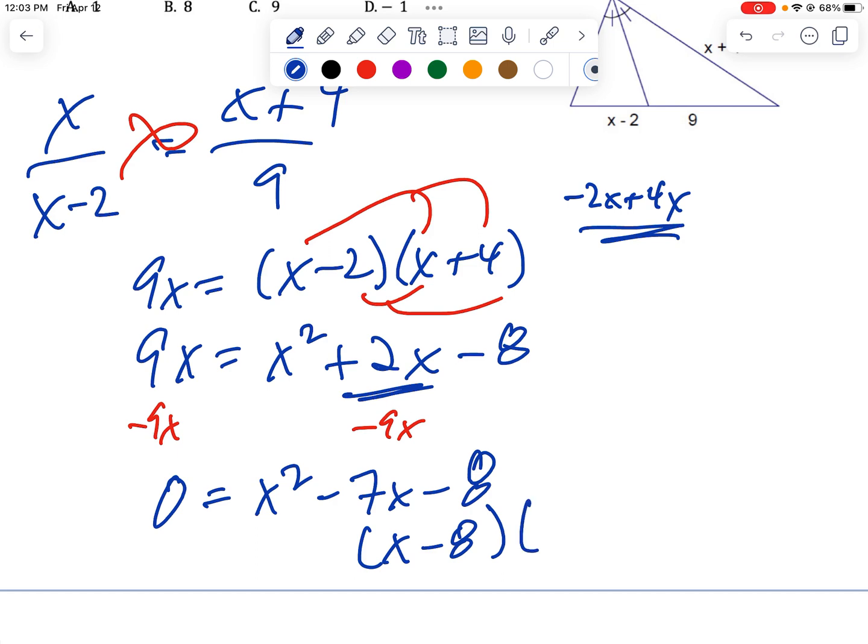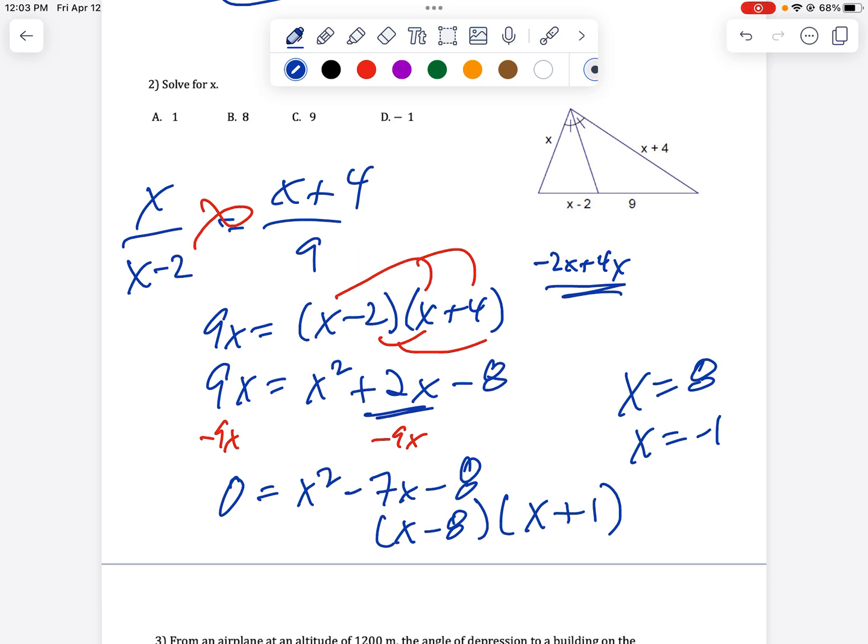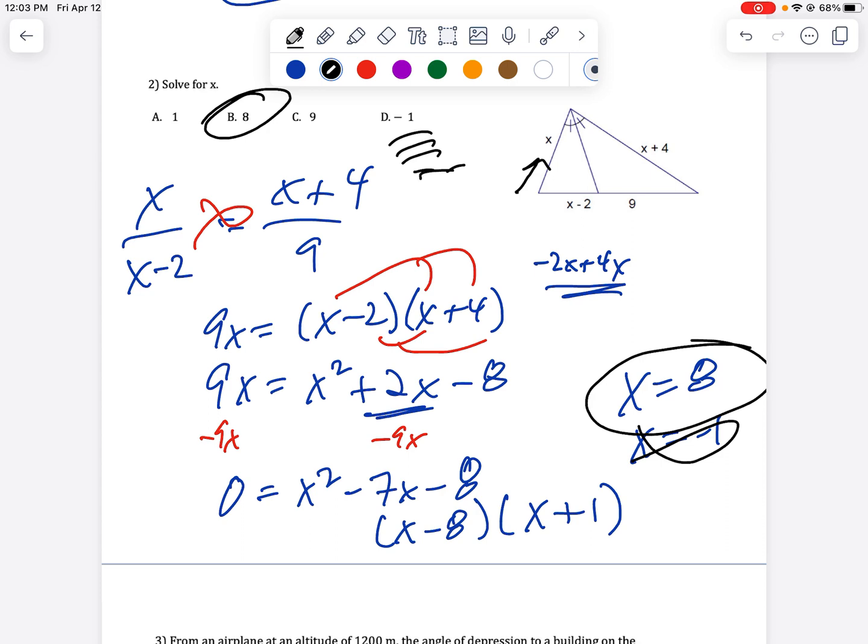Two numbers that multiply to negative 8 and add to negative 7: x minus 8, x plus 1. So I get negative 1 and 8. Well, if I plug x right into here, that negative is out because I can't have a negative side. So x is 8. Again, don't fall for the trap.